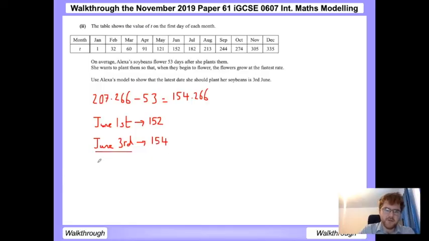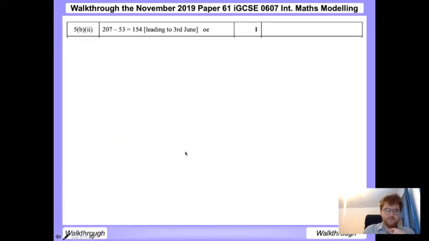So June the 3rd is the latest time you can plant them, because 53 days after that, it will then dip below that line that we just indicated. You can see the questions get a little bit more subtle at this end of the paper. Okay, and there's the mark scheme, so the same calculation is given here.